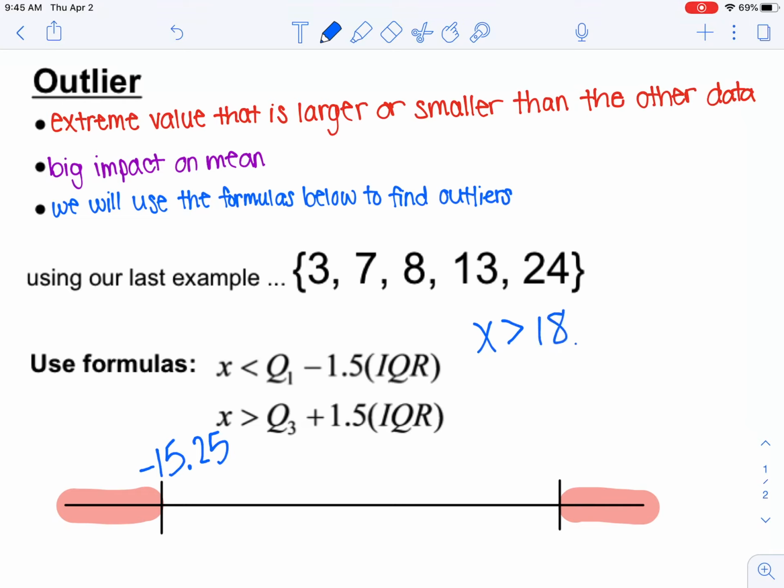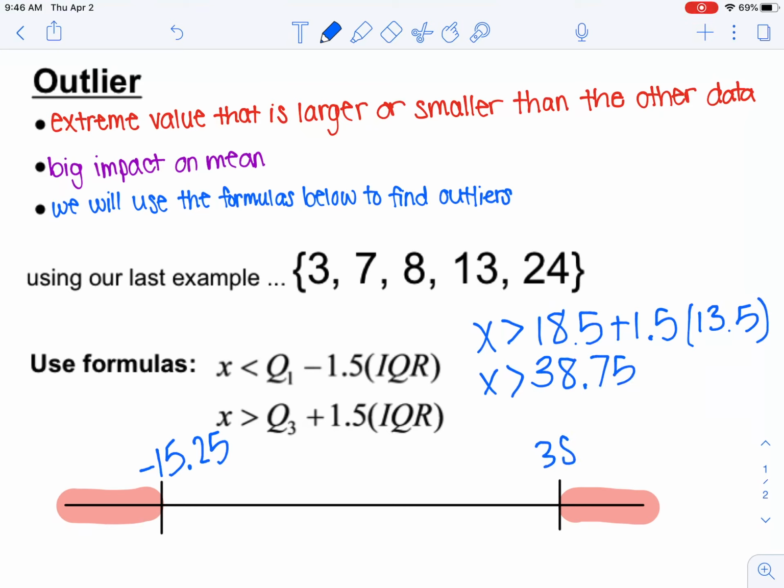So we say x is greater than 18.5 plus 1.5 times 13.5. So go ahead and put that in your calculator. And we get x is greater than 38.75. So that number can be written over here.